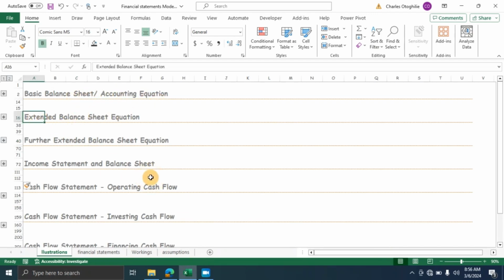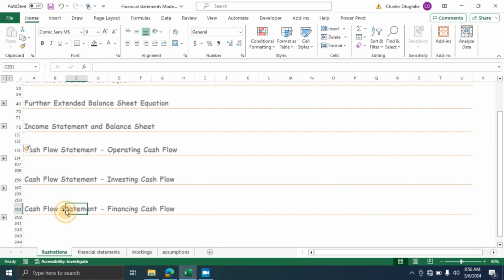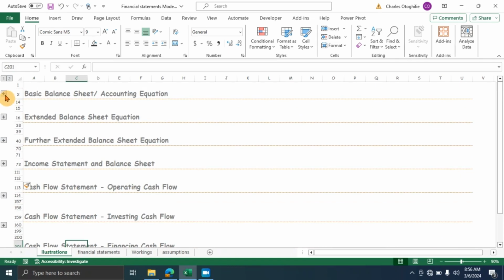We'll be extending it in order to understand what parts make it up, and we will further extend it to the point where we can see what parts make up the income statement and what parts make up the balance sheet, or the statement of financial position. Then we want to understand how we get the cash flows, where the cash flows come from, and we'll want to get all of this in this video. So let's start with the first one.